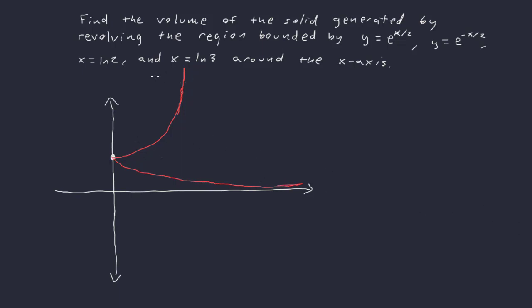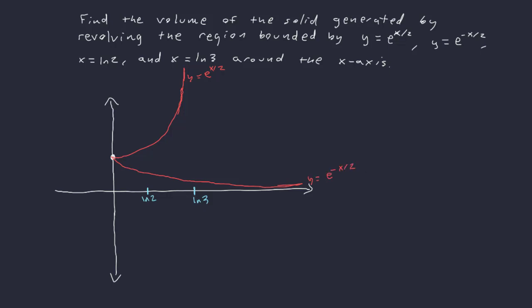Now, ln 2 is some positive value, say it's right here. And ln 3, say, is here. So this is our y equals e to the x over 2. This is our y equals e to the negative x over 2.